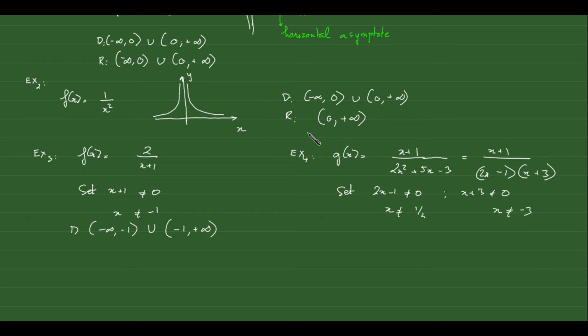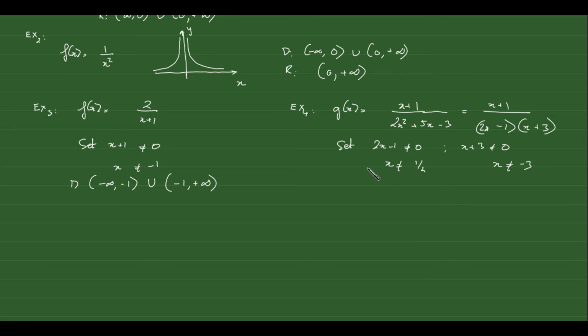We solve for the 2 values, and if you put them on the number line, we exclude these 2 values. So the domain will be negative infinity to negative 3, union negative 3 to a half, and union a half to positive infinity. That's how you find the domain for a rational function.